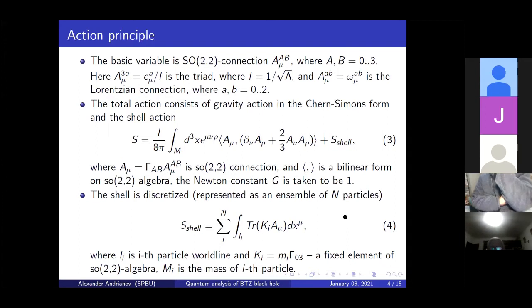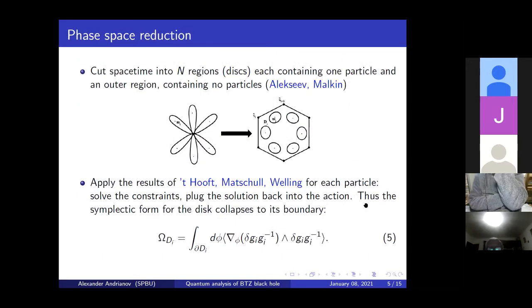In order to describe the total phase space, we first derive the dynamical equations. We discretize the shell into an ensemble of n particles, like here, and go to the limit, of course. Symbolically, it looks as follows.